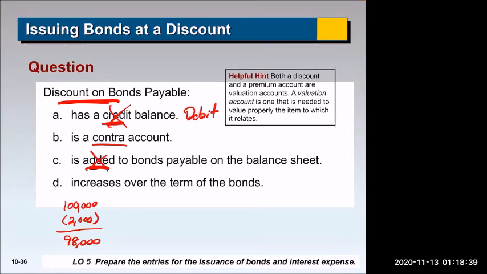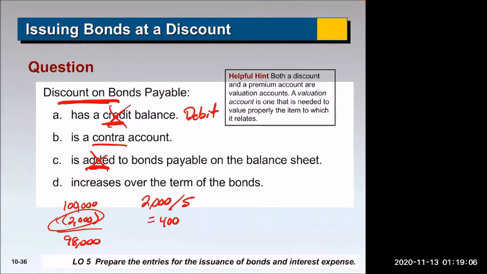Now, I'm not going to test you on that in much detail, but we are going to amortize the discount. Amortization, if you remember from the fixed asset chapter, was sort of like depreciation. I'm going to take this $2,000 and divide it by 5. So that means I'm going to amortize it by $400.